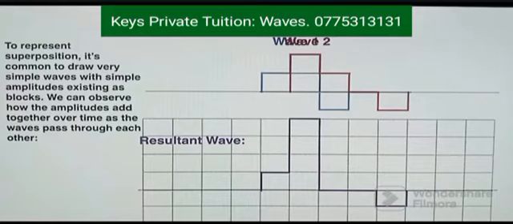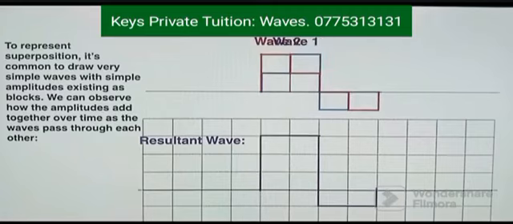And with every other region, you can see that the last region of wave number 2 has an amplitude of -1, and on that particular region we have an amplitude of 0 with wave 1. So -1 + 0 there, we have -1. So let's continue to move wave 2 into wave 1.